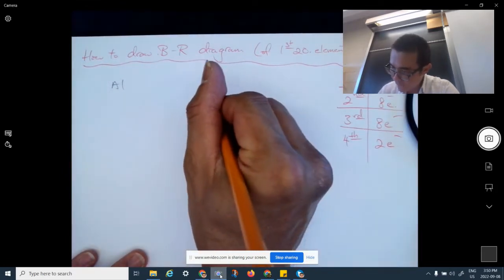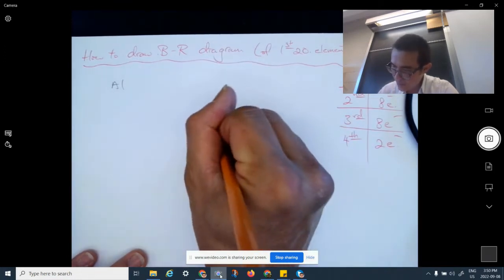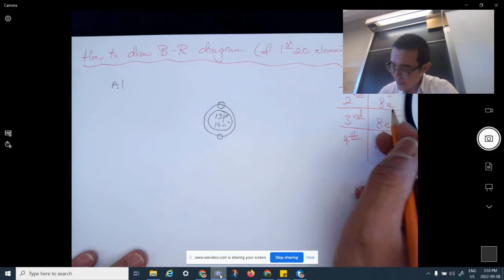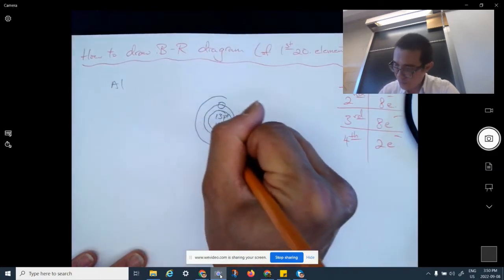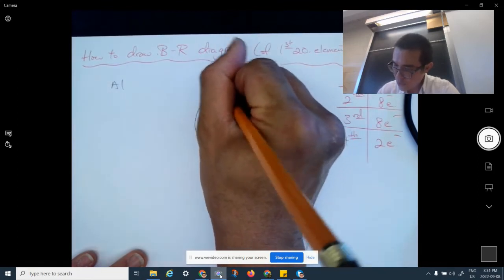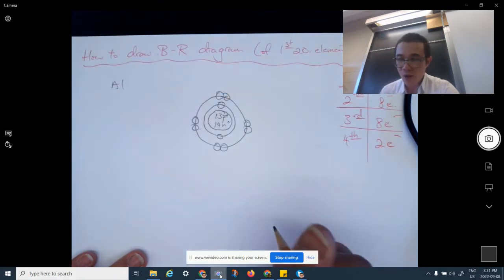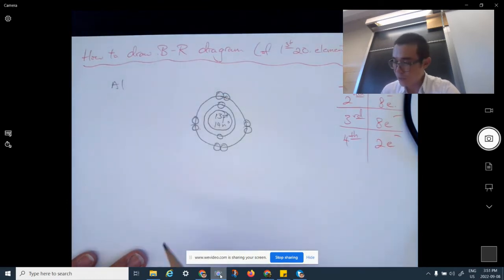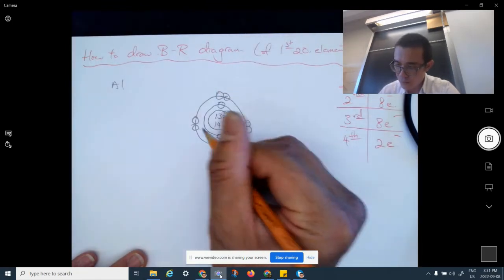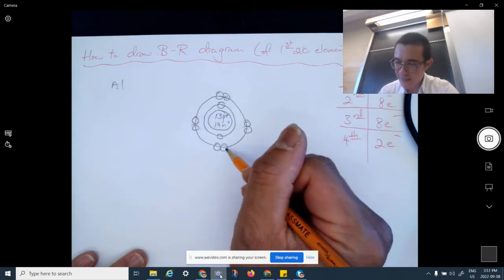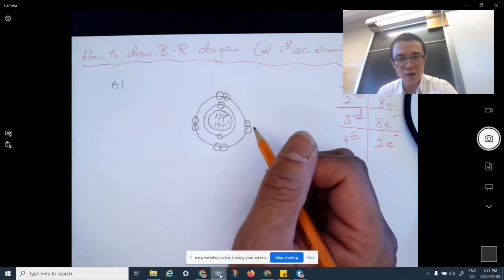The first shell can hold 2 electrons, so 1 and 2. The second shell can hold 8 electrons: 1, 2, 3, 4, 5, 6, 7, 8. Or, to make a much better diagram, what we should have done is spread them out, because electrons are negative and like to be spread apart as much as possible.